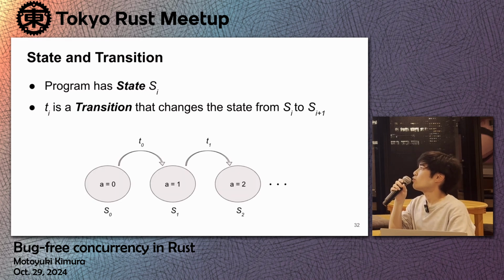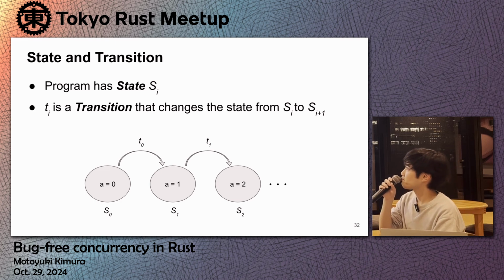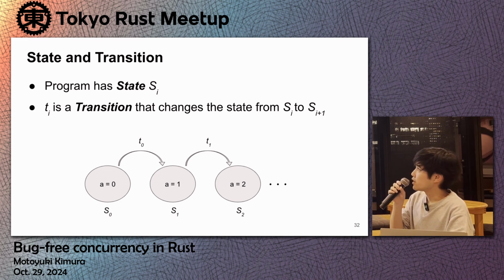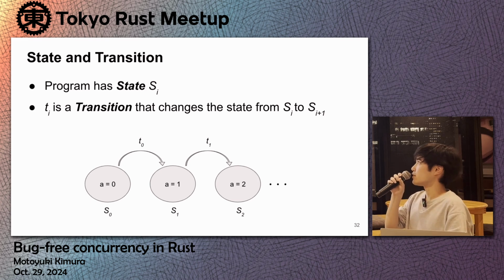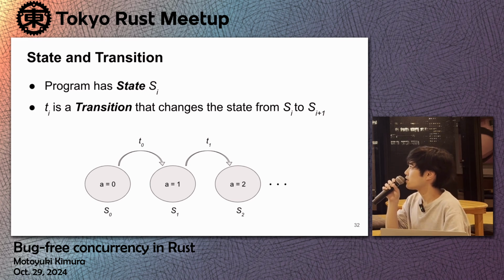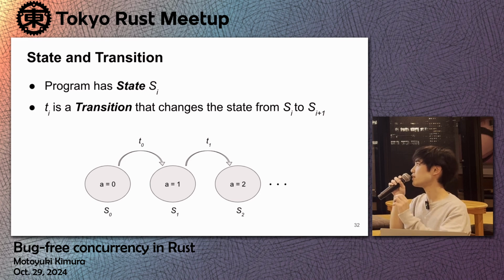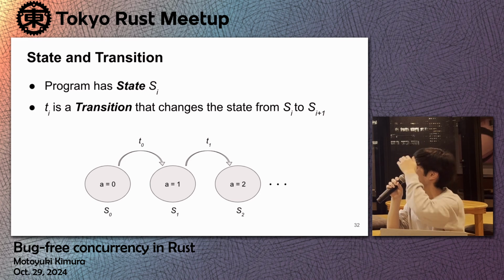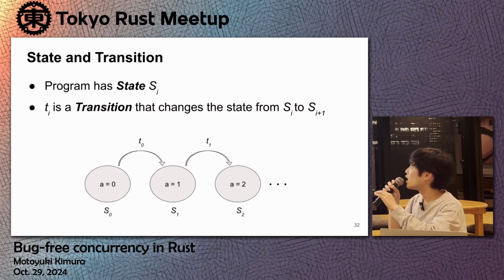Here I want to define state and transitions. Let's say the program has a state, called S, and let's define a transition as something that changes the state from one state to another.